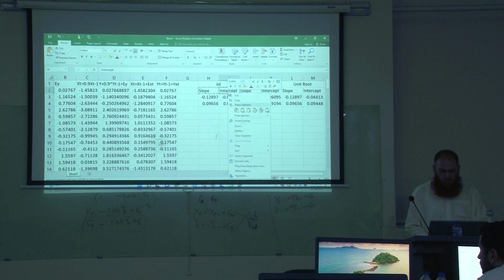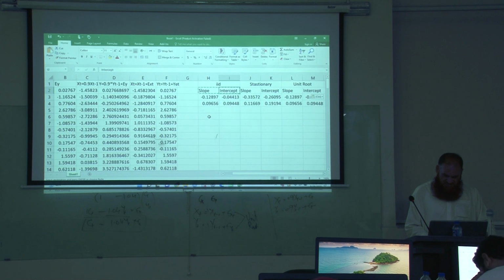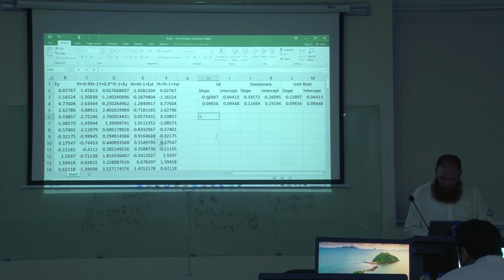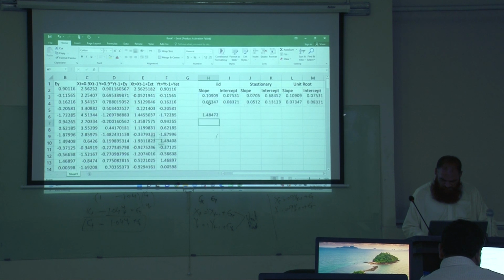I am interested in slopes, and I can construct the t value equal to this divided by this. Okay.